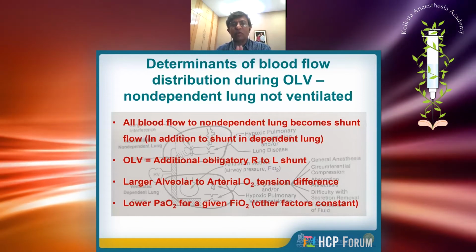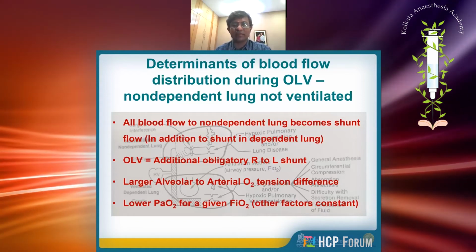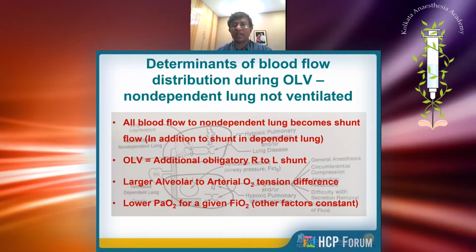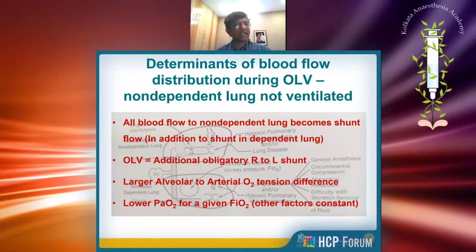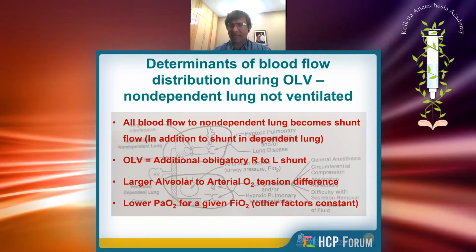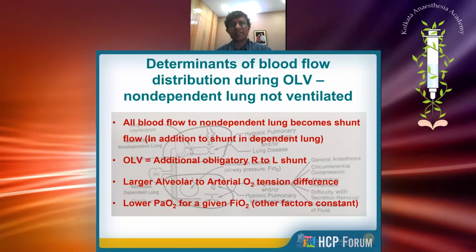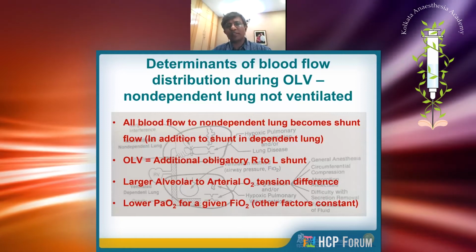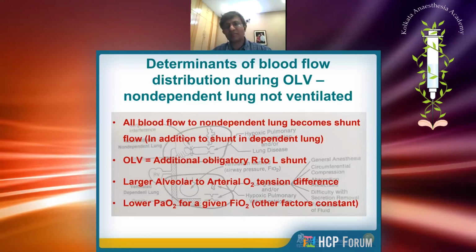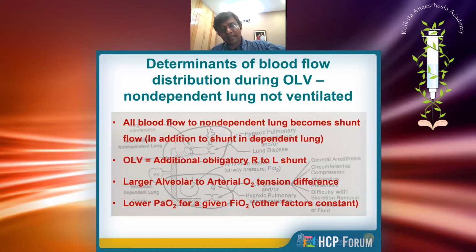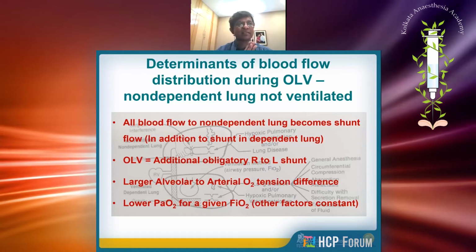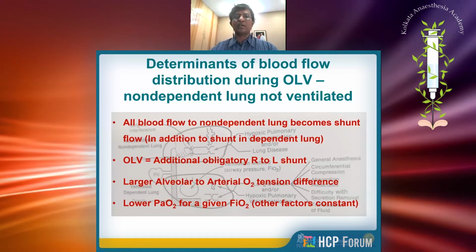It will give you a lower arterial oxygen pressure for a given FiO2, when the other factors like lung inflation, how close it is towards total lung capacity, everything is taken into consideration, because of this obligatory right to left shunt, because there is still flow in the non-dependent lung, but there is no ventilation to that non-dependent lung.